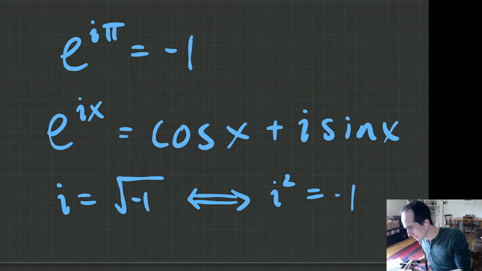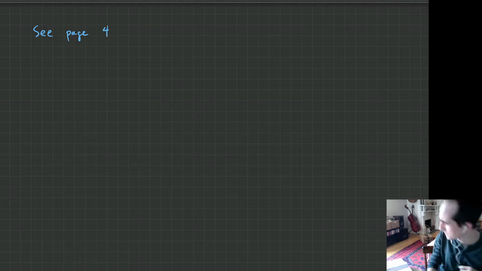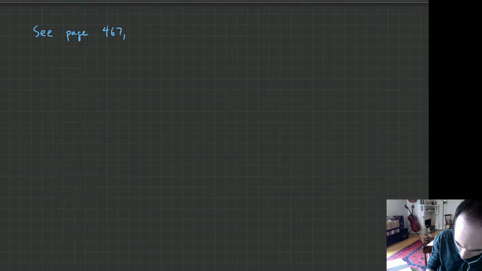Yeah, on pages 468 and 469 they do sine and cos of x, and then on 467 they do e to the x. So I'm just going to say, see pages 467, 468, and 469 for the following derivations.